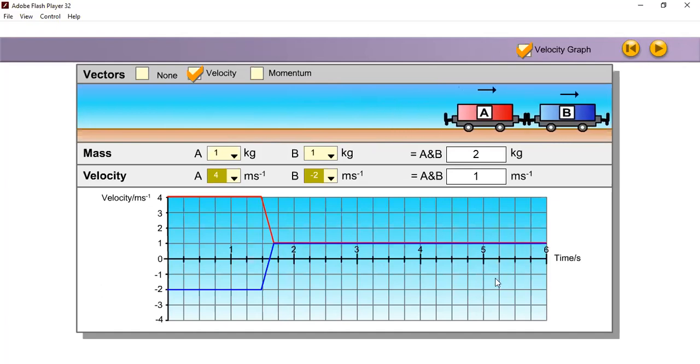This is an inelastic collision. In the inelastic collision, both of the trolleys, after collision, combine and move together with the same speed.